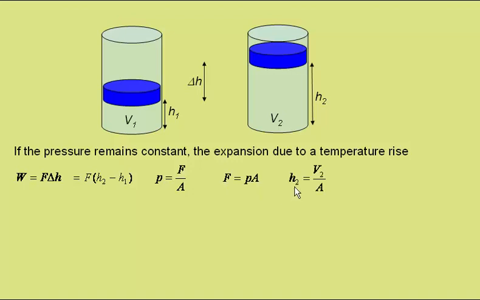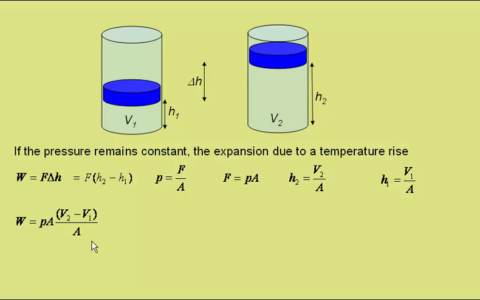Also, h2 is equal to volume 2 over the area of the piston, and h1 is equal to volume 1 over the same area of the piston. So we can substitute in for these expressions, getting the work done being equal to the force, which is pressure times area, multiplied by the change in height, which is V2 minus V1 over area.